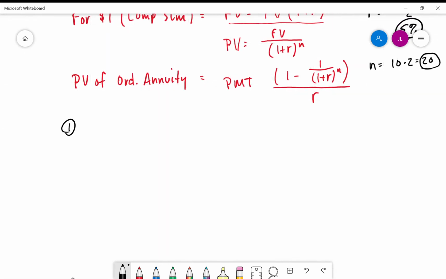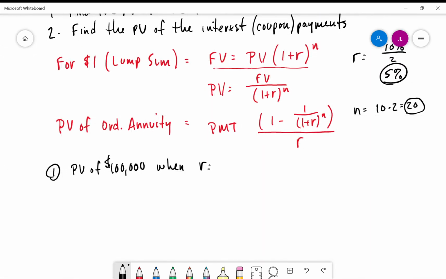So for the first part, we want to know the present value of $100,000 when our rate, and remember our rate here is 5%, the decimal equivalent being 0.05, and when n is equal to 20, because remember, we calculated the number of periods. To find this present value, we can use this equation.